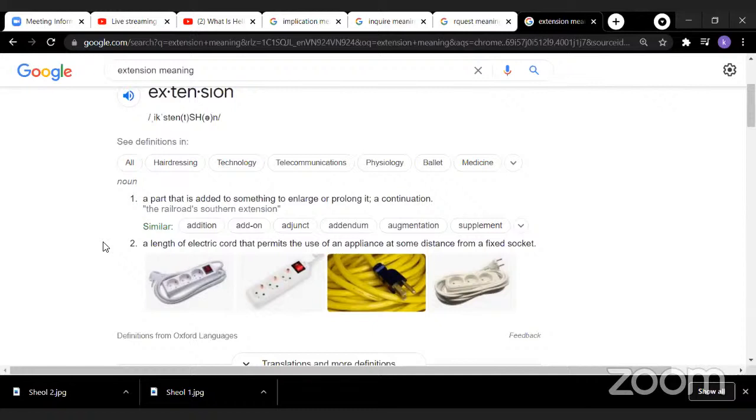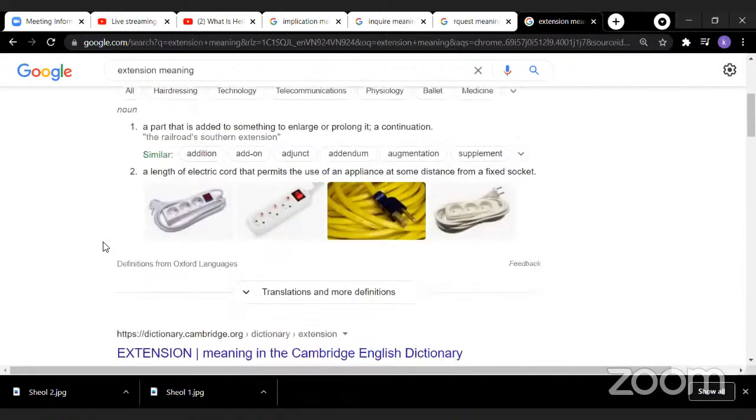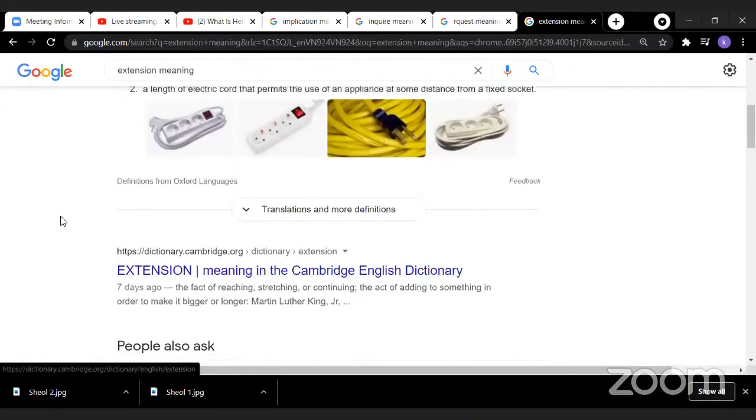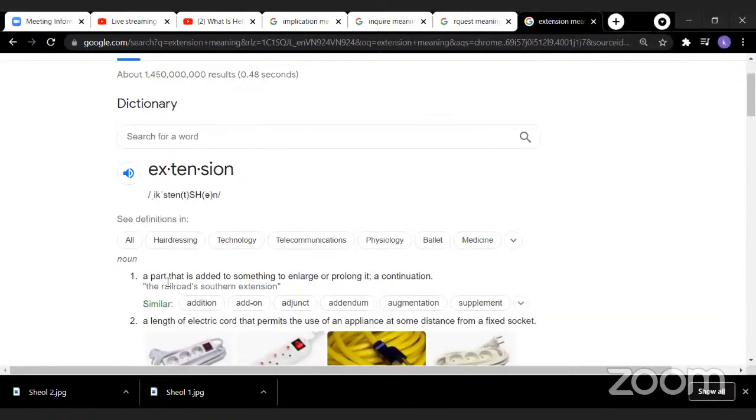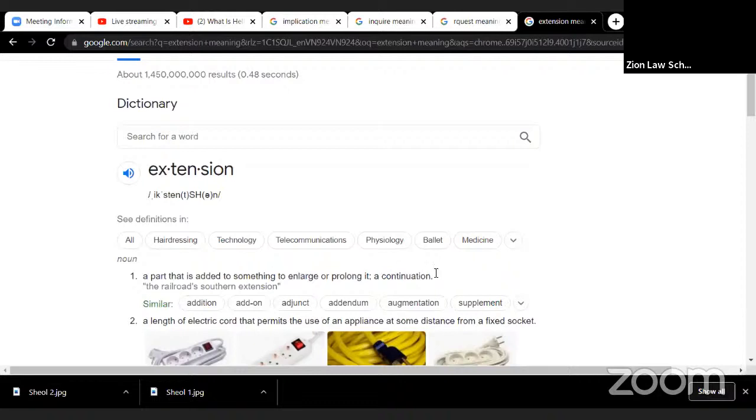Also, a length of electrical cord that permits the use of an appliance at some distance from a fixed socket. So that wouldn't fit. It would be more along the lines of number one, right? A part that is added to something to enlarge or prolong it, a continuation.